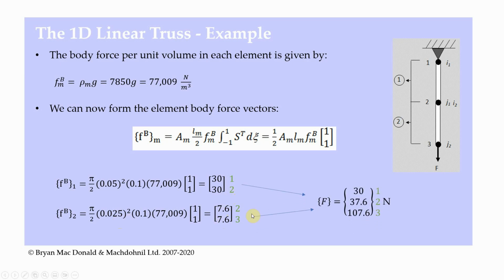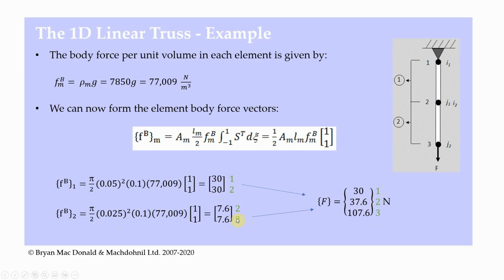So now what I want to do is put these together, kind of like I did with the stiffness matrix. Again, I've written 1, 2, 2, 3. Row 1 only has a contribution from element number 1, which is 30. Row 2 has a contribution from element number 1 and 2, so it's going to be 30 plus 7.6, 37.6.